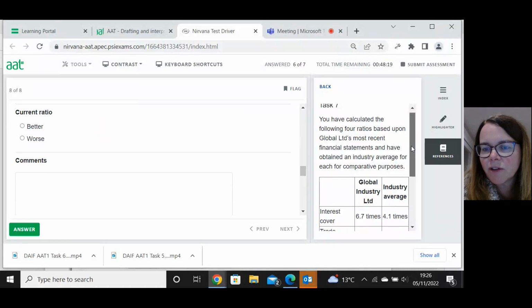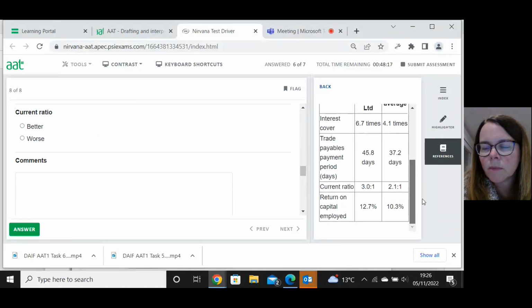Right, we then come to the current ratio. So that's moved, so our company's got 3 to 1 against 2.1.